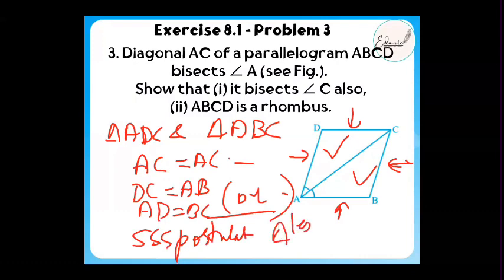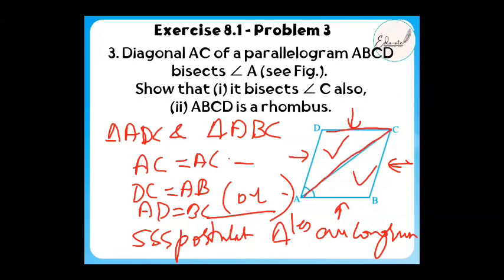If these two triangles are congruent, what comes into the picture now, Laiba? Angles are equal. Which angles can you prove are equal, beta? Angle ACD is equal to angle ACB. Correct? Yes. This is done.